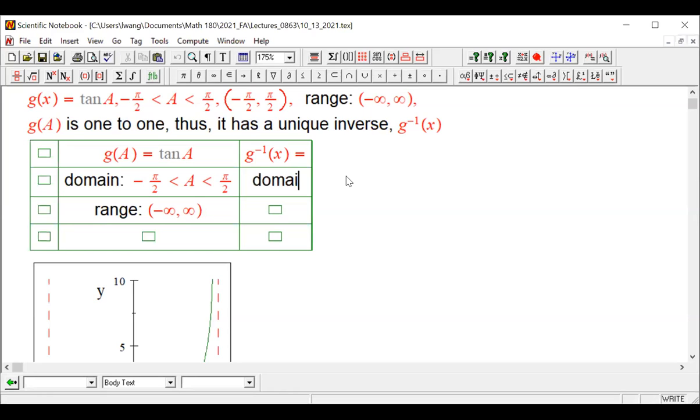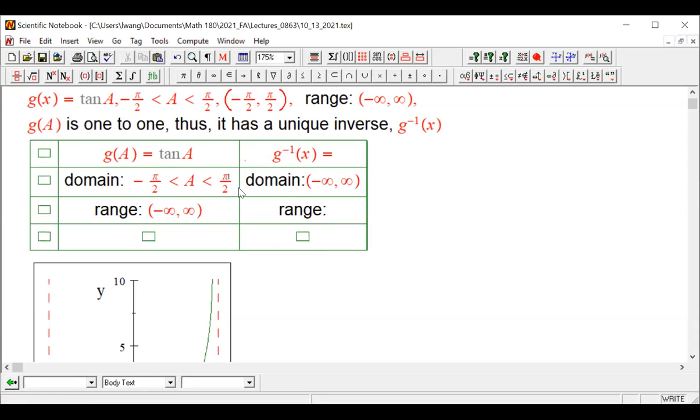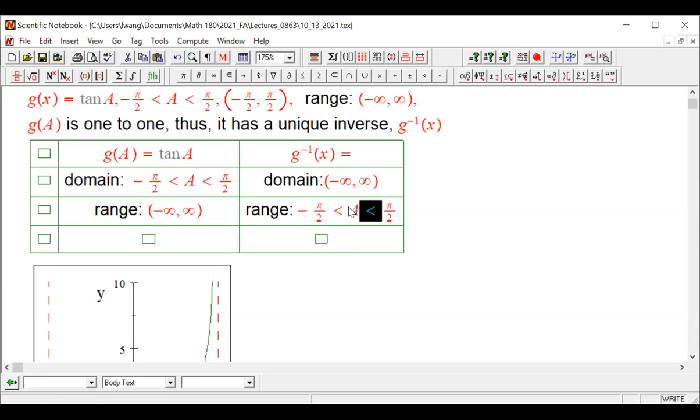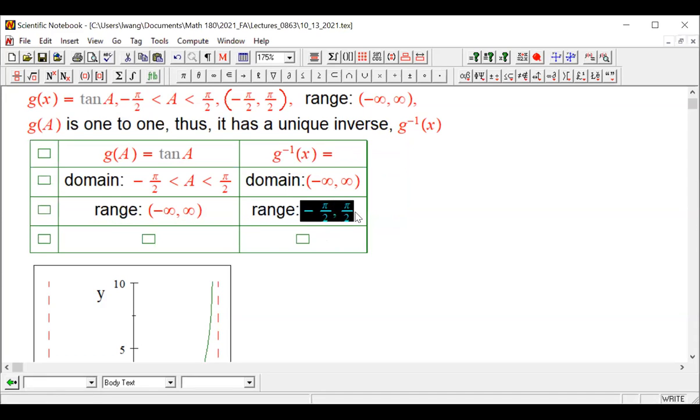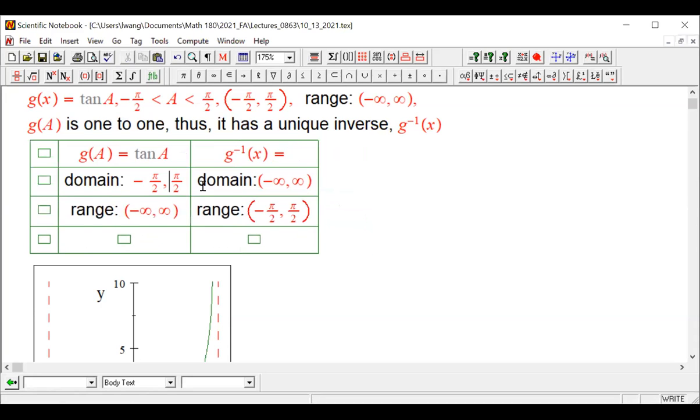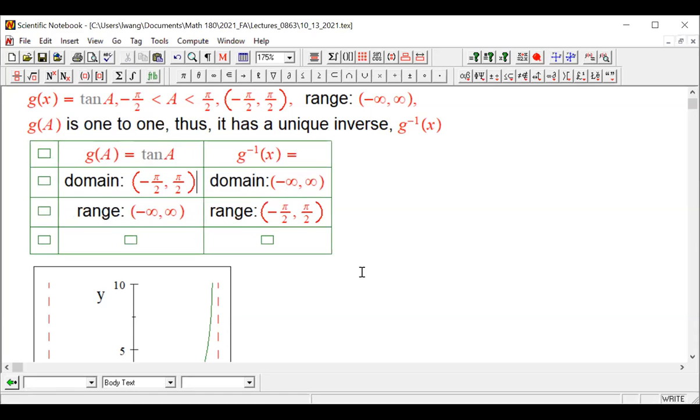The domain for G inverse will be from negative infinity to positive infinity, and the range will be from negative pi over 2 to pi over 2. So let me first write it this way, before the inverse function even acquires a name.